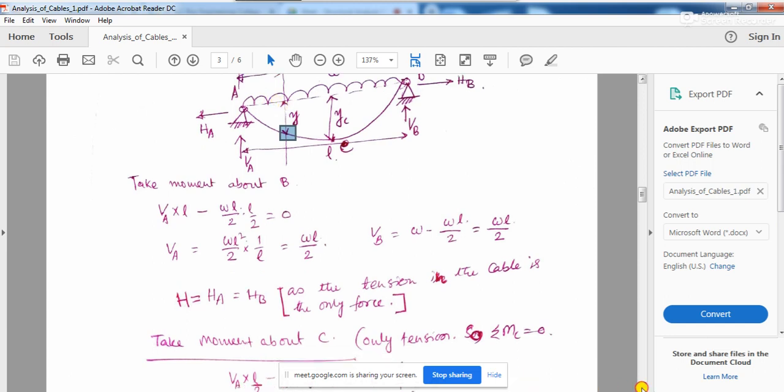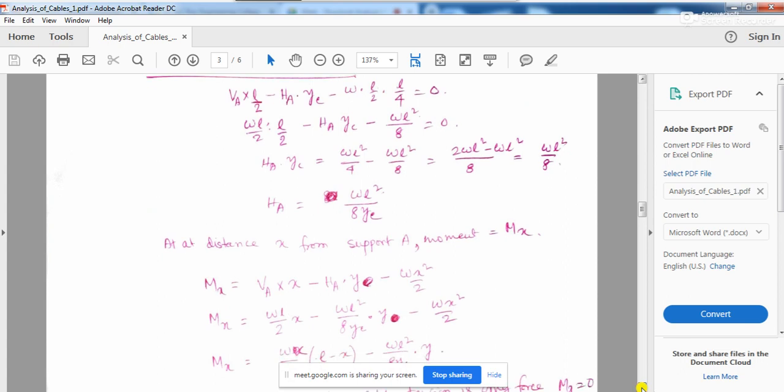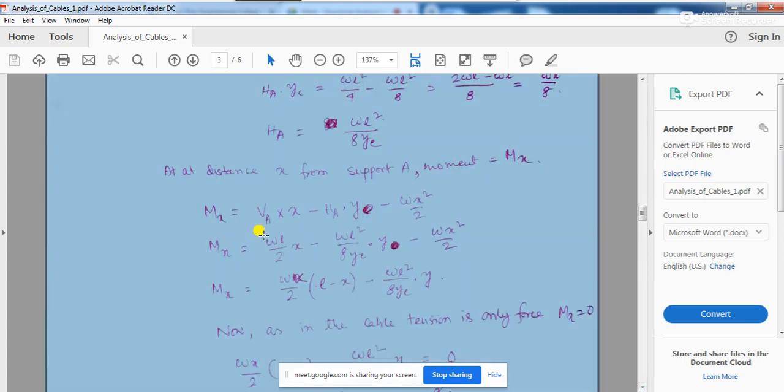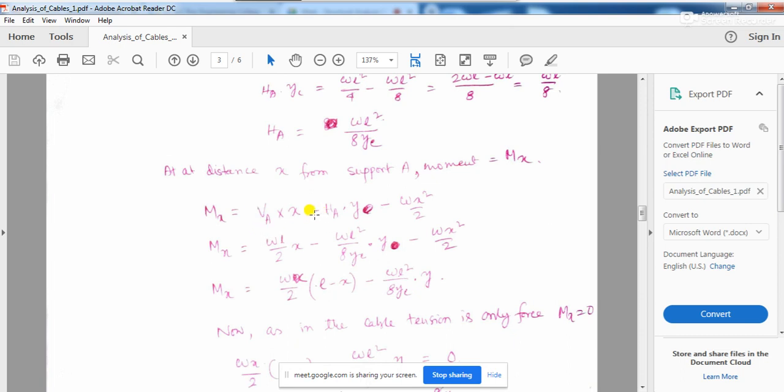Okay, so if I come down, that is what is written. So Mx equal to Va into x minus HA into y, where y is the distance from the horizontal level to the cable point, minus Wx squared by 2.